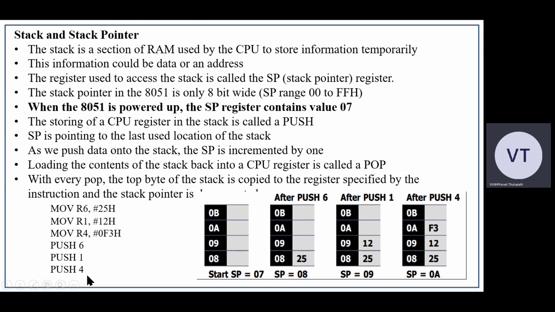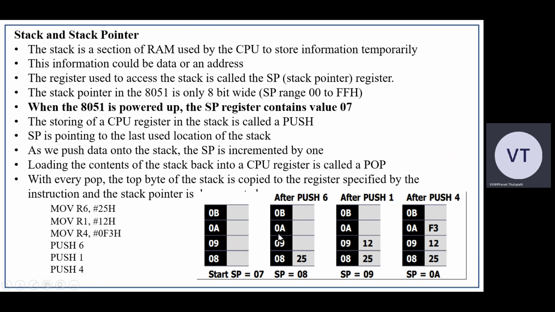Push R4 means save the content available in R4 into the stack. Before pushing, the stack pointer will be incremented by 1. 9 will become 10. The top address of the stack is going to be 0A. So the content available in R4, that is F3, will come into that location, 0A.